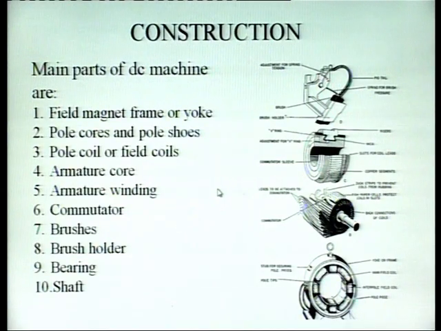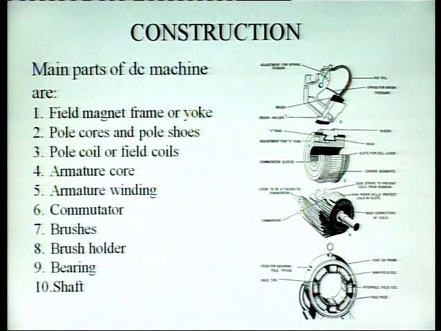Next is construction. The main parts of DC machines are the field magnet frame or yoke, pole core and pole shoes, pole coils or field coil, armature core, armature winding, commutator, brushes, brush holder, bearing and shaft.